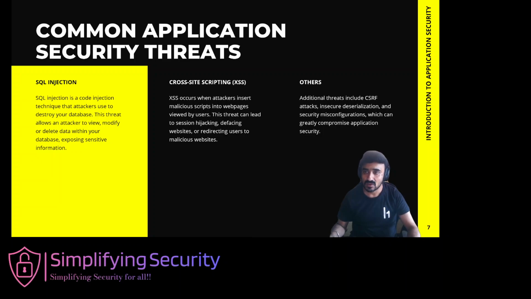I'll be sharing each of these flaws in depth in upcoming videos, but to keep it simple as an introduction, these are some of the web security vulnerabilities which analysts find as part of these security testing assessments.